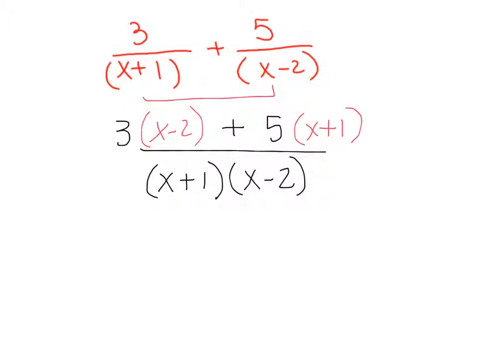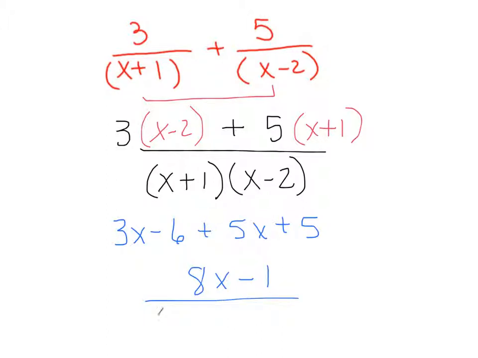And they call that the butterfly method, and it works on fractions and it works on rationals the same way. And so the rest is just simplifying the equation. So I have 3x minus 6 plus 5x plus 5. And I'm going to save a little bit of time by not writing the denominator. And I'm going to do 8x minus 1 over. And then I wouldn't even multiply those together, leave it just like that, and you're done.